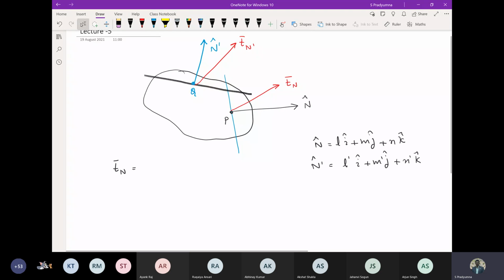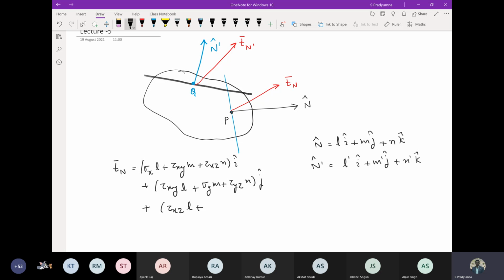That means I can write down this Tn in terms of l, m, n as (sigma x l plus tau xy m plus tau xz n) i cap plus (tau xy l plus sigma y m plus tau yz n) j cap plus (tau xz l plus tau yz m plus sigma z n) k cap.